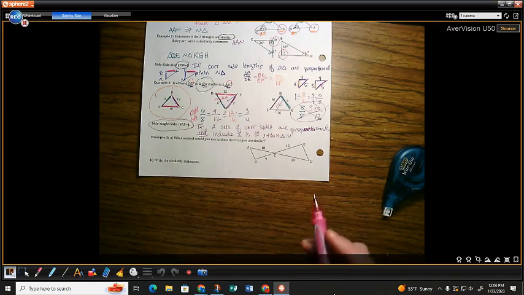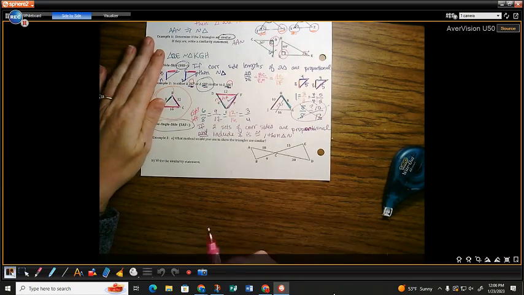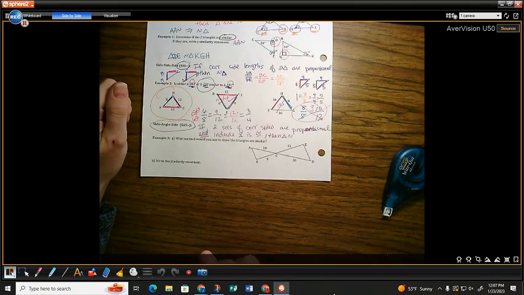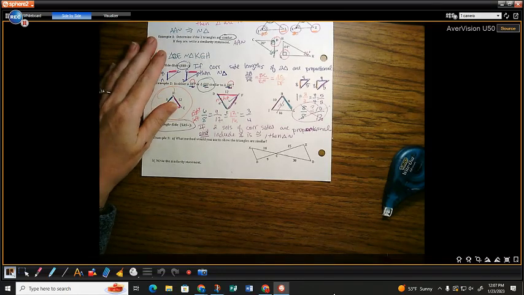Okay. So looking at these triangles, I need the proportions set up. What proportion could I set up?